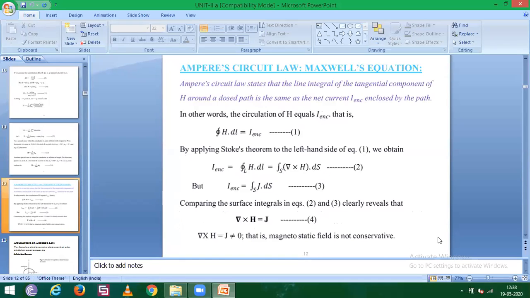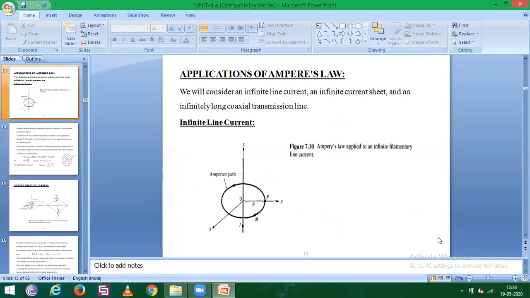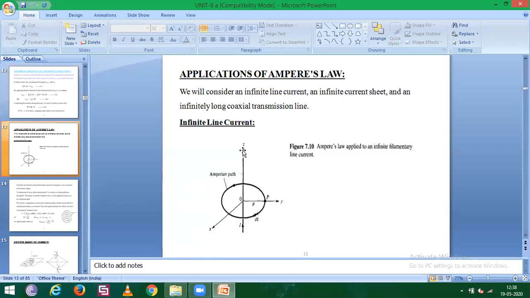So if there is a current carrying conductor, we create a closed path around this conductor, and the line integral of magnetic field on this closed path, adding the magnetic field at all points on the closed path, that is your integration basically, will be equal to the current enclosed by the path. That is what Ampere's circuital law is telling us, right?